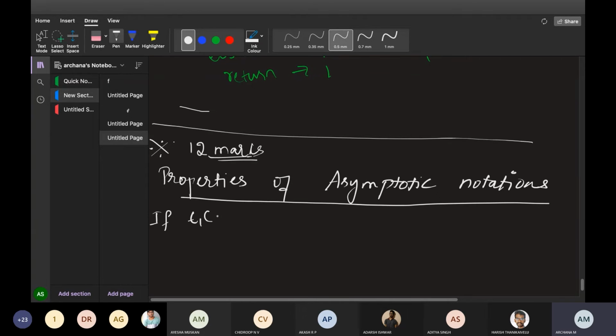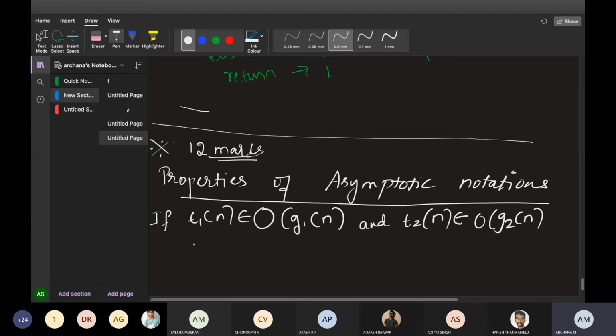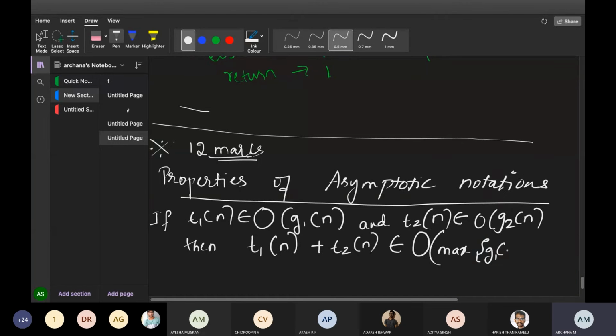If T1 of n belongs to big O of G1 of n, and T2 of n belongs to big O of G2 of n, then, very important, T1 of n plus T2 of n belongs to big O of maximum, either G1 of n or G2 of n.